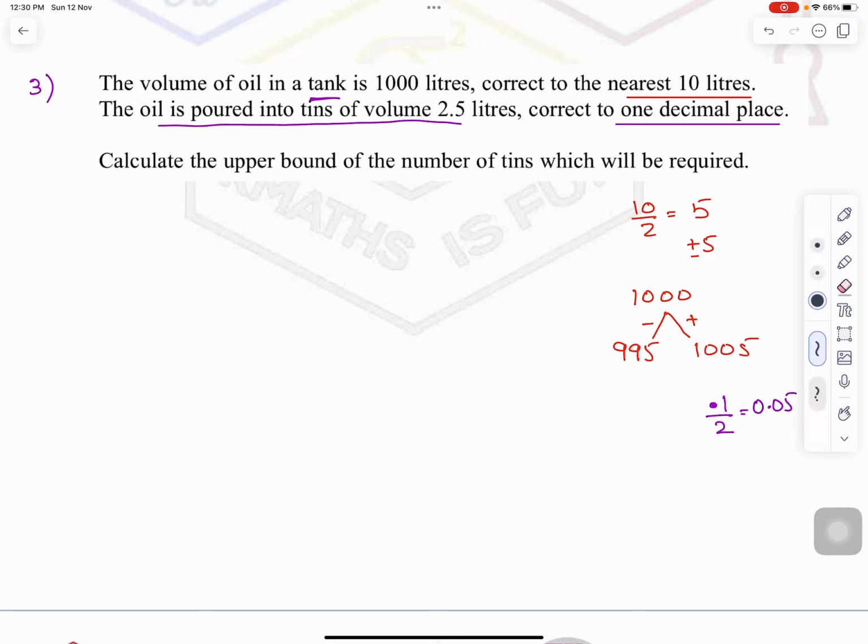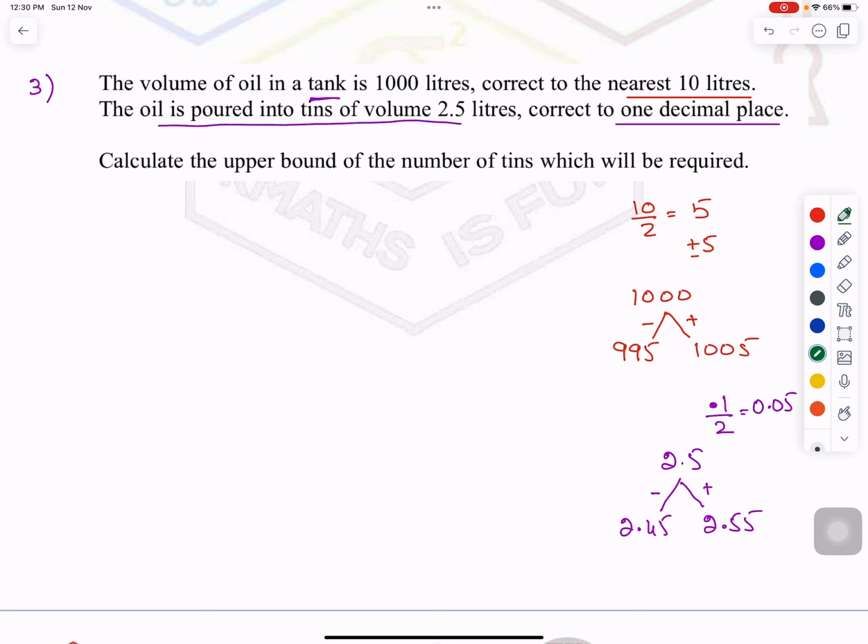So I will add and subtract this in 2.5. If I add 0.05, it will become 2.55. And if I subtract, it will become 2.45. So I got my upper and lower bound for tank and tin separately.